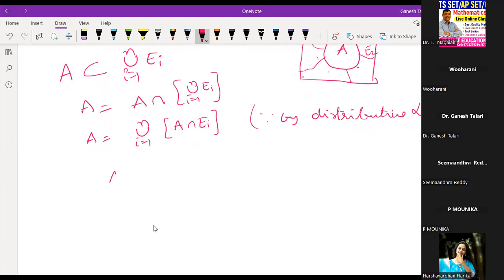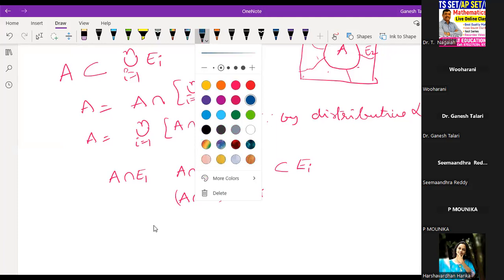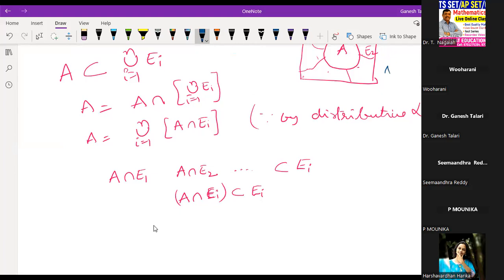See, A intersection E1, A intersection E2, and so on, A intersection En, each is a subset of Ei.